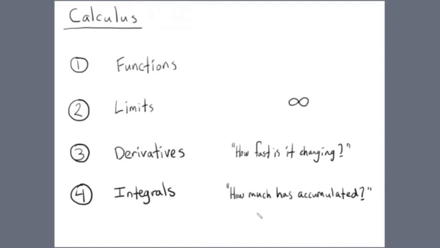So each day there's a little bit going out, a little bit coming in, and we want to know how much has accumulated over that period of time. So those are some examples that aren't from biology, but there's way more examples of derivatives and integrals than could ever be known by one person, unless maybe they spent their entire life just collecting examples.